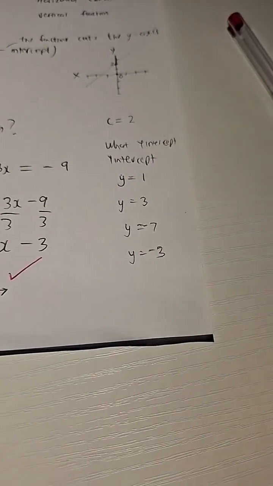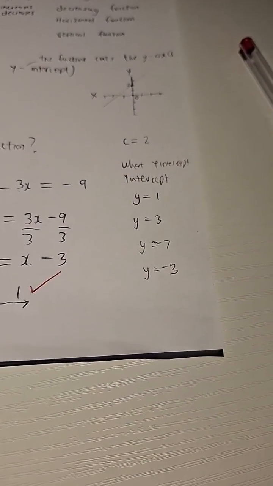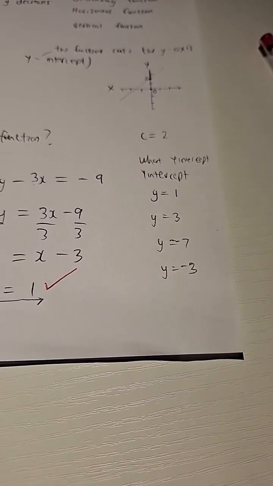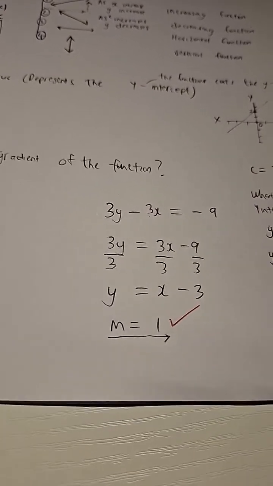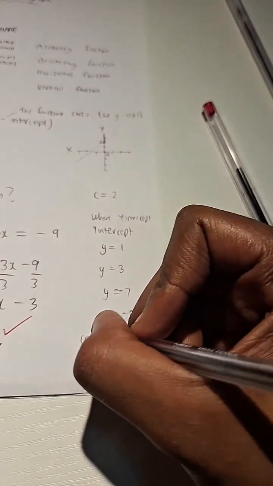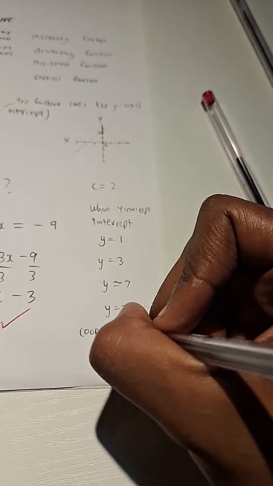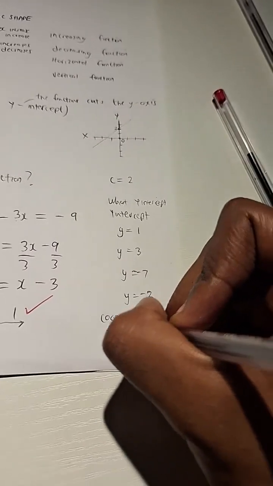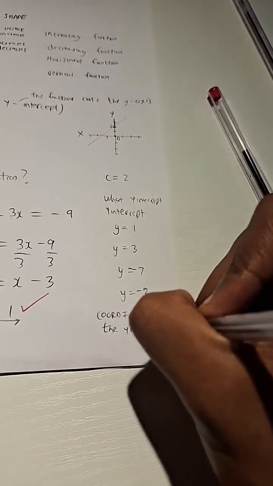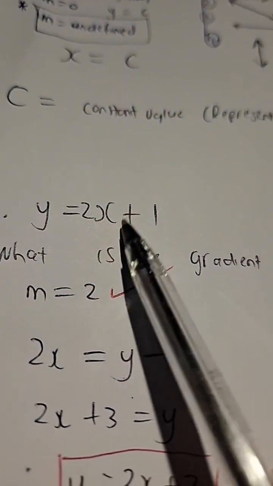Okay, now, hold it right there. I like what you guys are doing for me. I want to ask one last question. If I asked you what are the coordinates of the y-intercept, what would you say? Let's go back here.